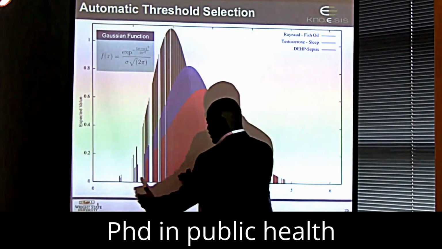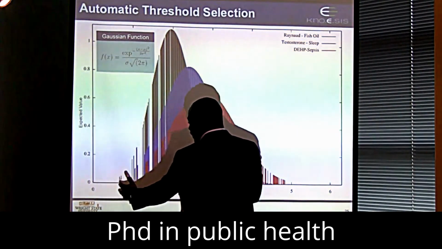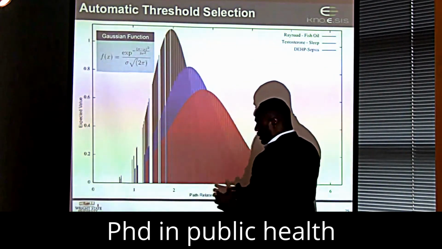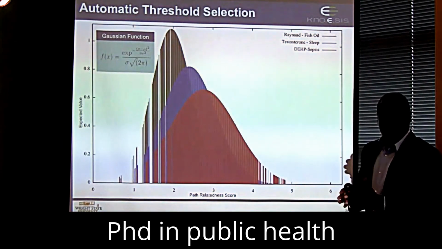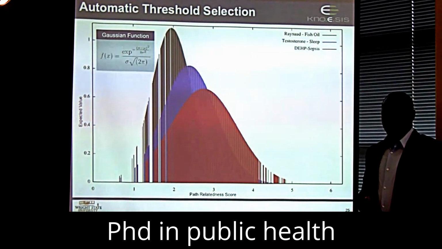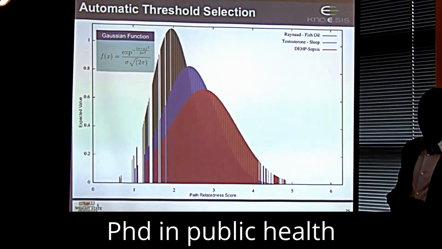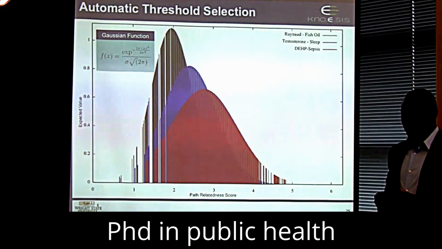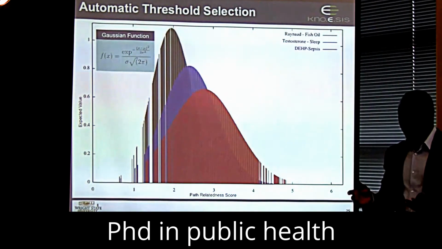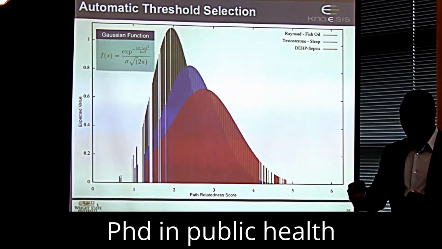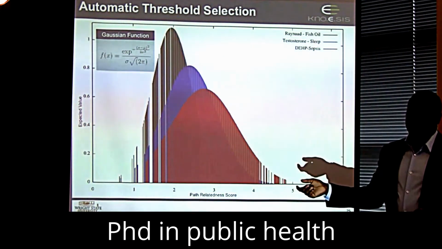What's happening is that for relatedness scores from 0 up to about 1.5, 1.6, there's sparse data. These points need to be really close together. This actually makes sense in terms of the semantics of the problem. Each of the path pairs will start with Raynaud and end with fish oil. That means that each path will have some triple that starts with Raynaud, some intermediate, perhaps some other thing, and then end with fish oil.